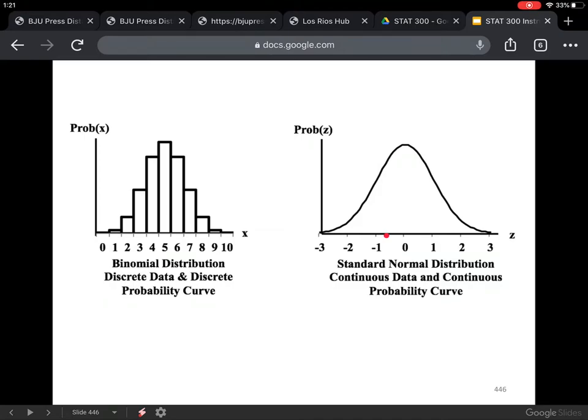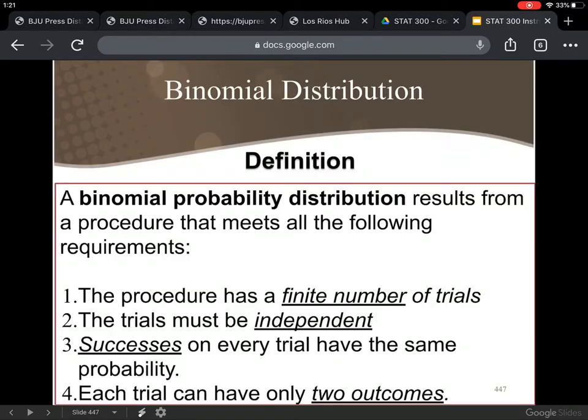Okay? So that's the difference between a discrete and continuous probability distribution using a graph. On the one hand, the binomial distribution, being a discrete probability distribution, can take only whole numbers. And on the other hand, a standard normal, being a continuous probability distribution, can take on any possible value, even numbers between whole numbers or between integers.